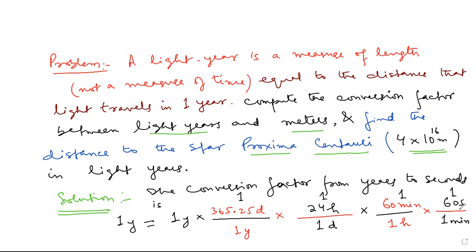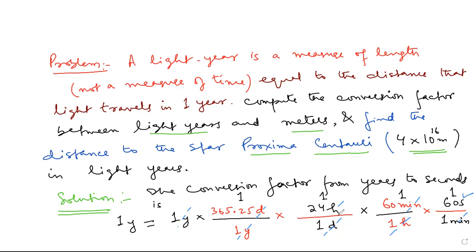Similarly, 1 minute contains 60 seconds. See, this year goes with this year, this day goes with this day, this hour goes with this hour, this minute goes with this minute. So what remains? On the right hand side, you have just seconds left.